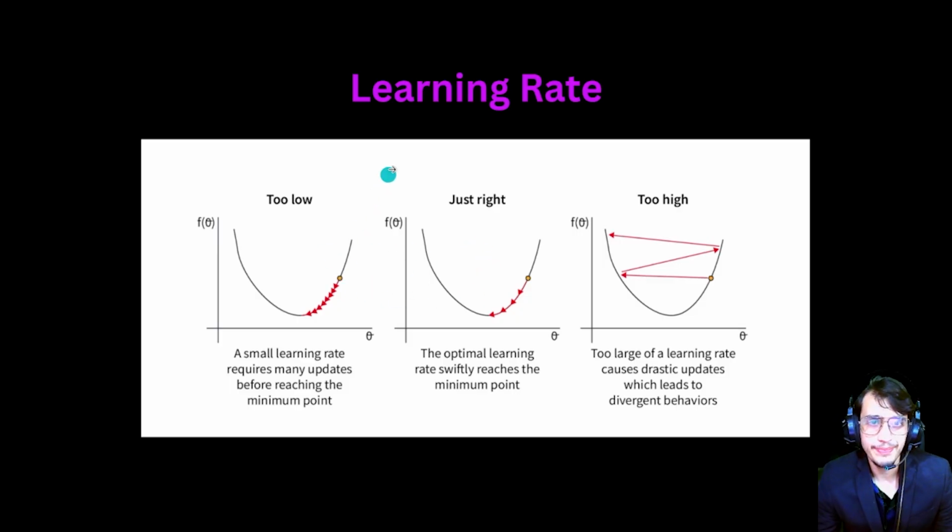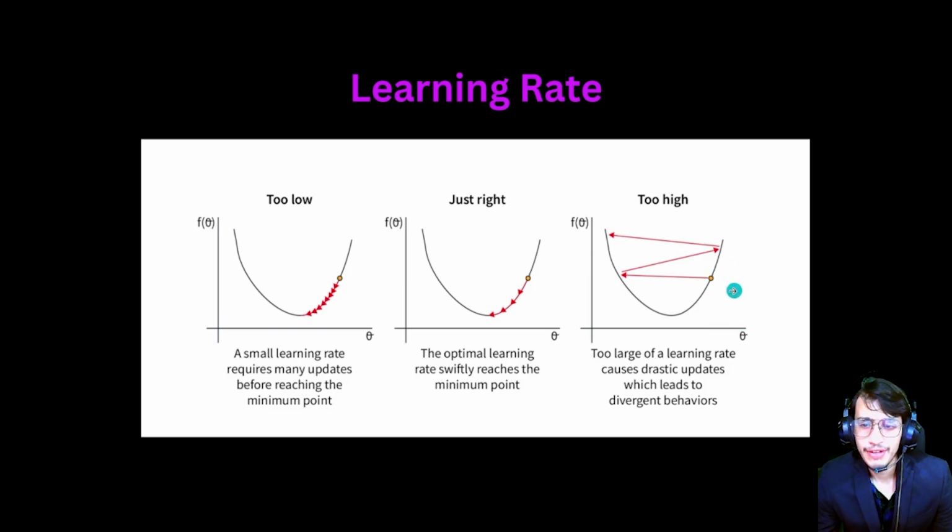Here, if the learning rate is too low, it will increase a little, then again increase, and this will be very slow; it will take many epochs. In this one, there's a moderate learning rate, so it increases by that learning rate and reaches the minimal weight more easily than this. And this is the third condition, where the learning rate is too high.